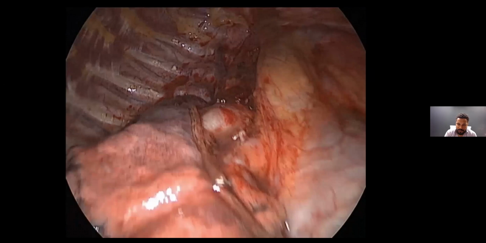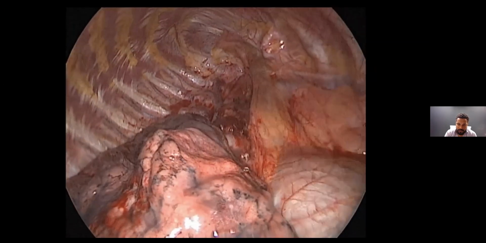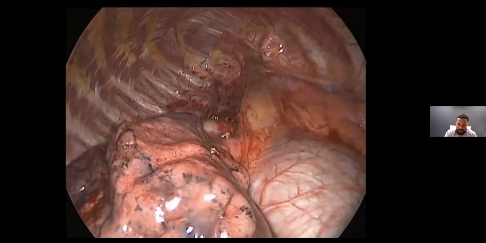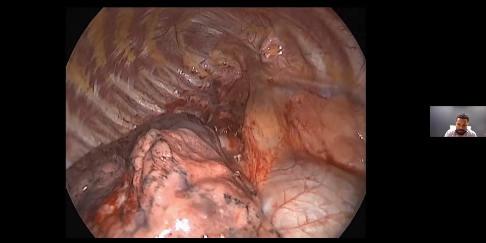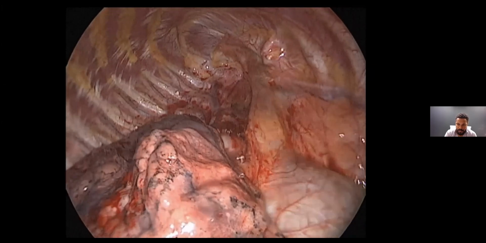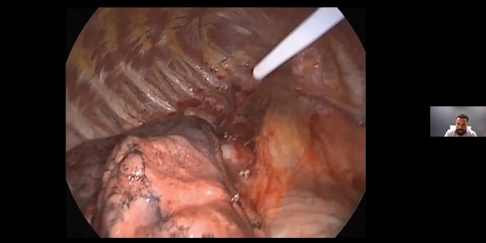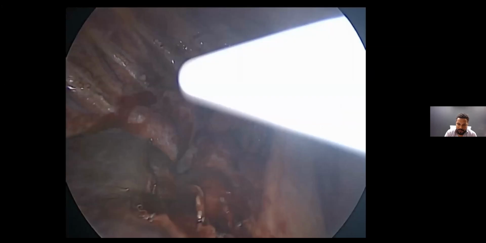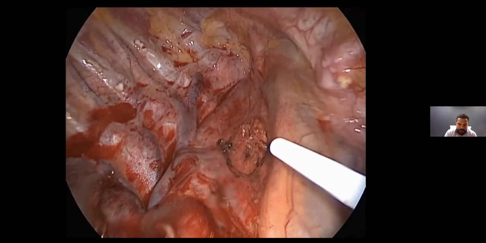And then we're going to put the hemostatic powder. So in this video, you will see it in the 4R station. So quite easy to put, quite easy to apply.